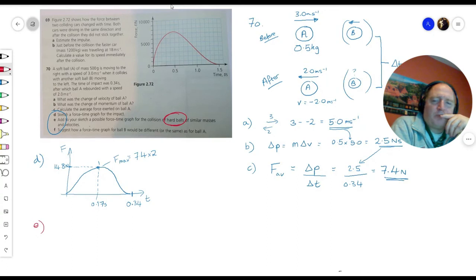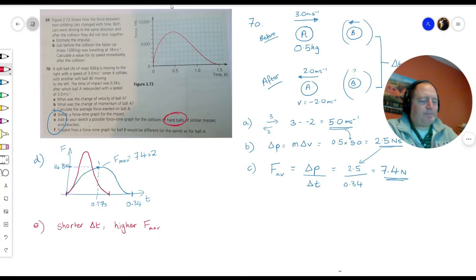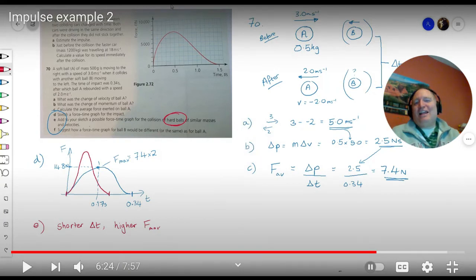So the two things I need is a shorter collision time, love it, and a higher maximum force. So anything as long as it's a higher peak and finishes earlier. Should still look vaguely symmetrical, which mine doesn't. Okay. So I like the self-criticism there.